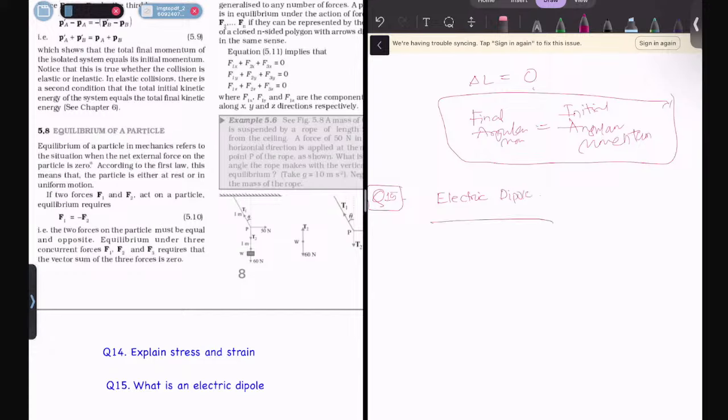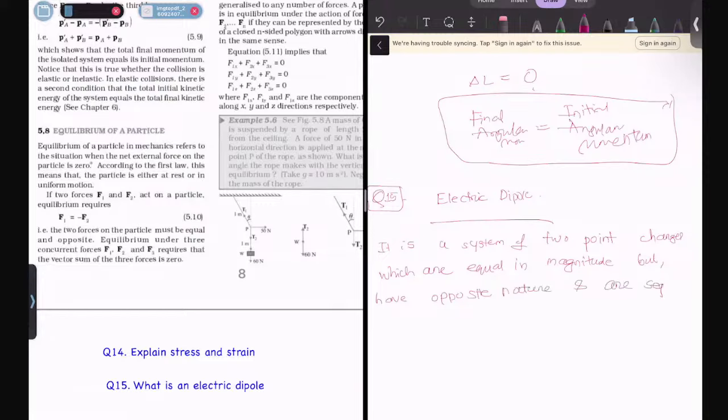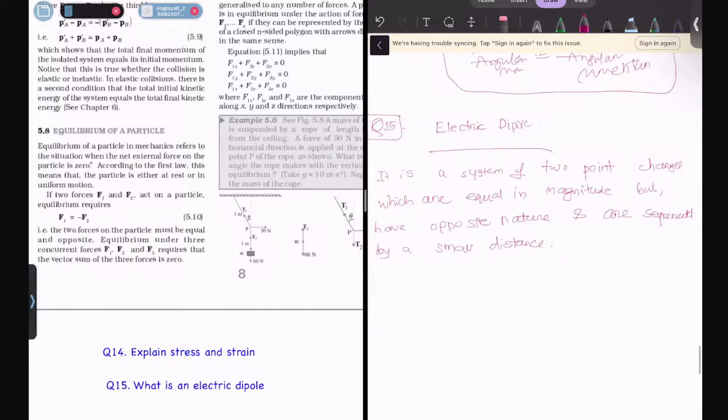Electric dipole is a system of 2 point charges which are equal in magnitude but have opposite nature and are separated by a small distance.